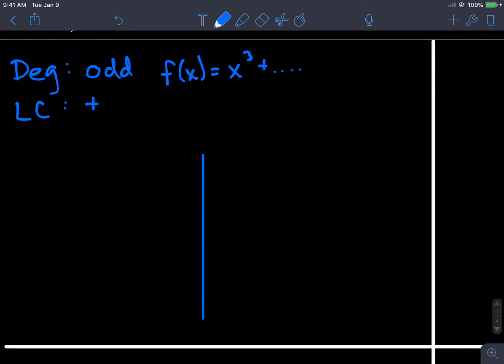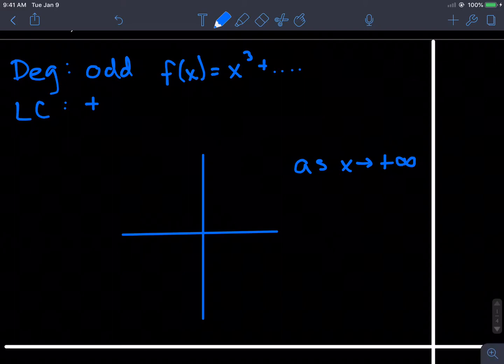We're wondering, as x goes really far out, what is happening to that graph? Let's consider as x goes towards positive infinity first. If we plug in very, very large positive numbers, that first term, that highest power, has so much more weight on the graph than any of the other remaining terms.